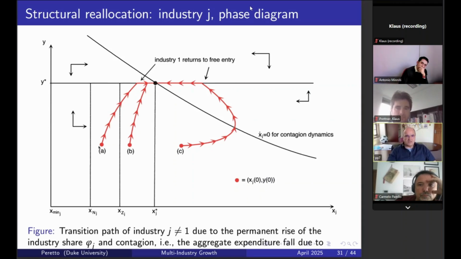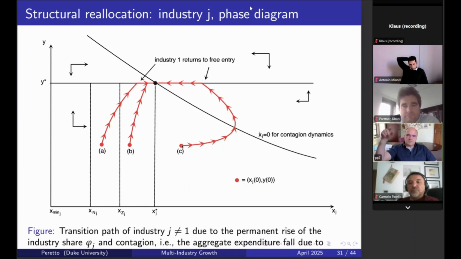So there could be an industry that responds this way, never shutting down entry. This is an industry in which entry is always active. And there could be industries that don't shut down firm growth. Why? Because these are industries that somehow are experiencing a boom.